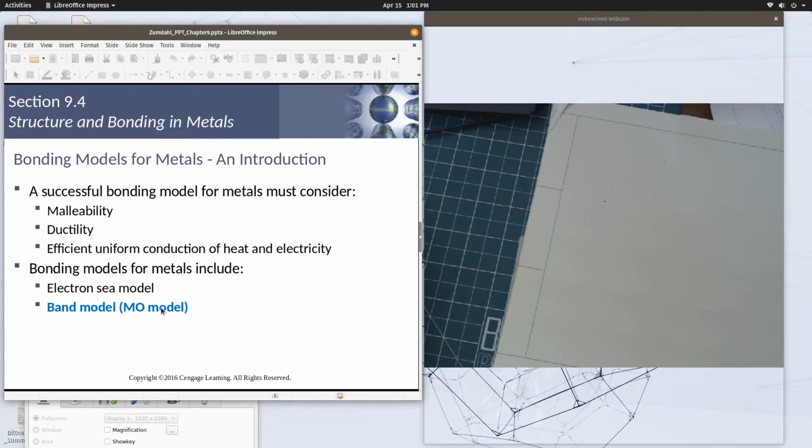I'll go through a little bit of the details on this. It's a fun little calculation to show, and we'll talk about what's called the band structure and band model of metals. And one of the important concepts is the free electron model of electrons in a metal.